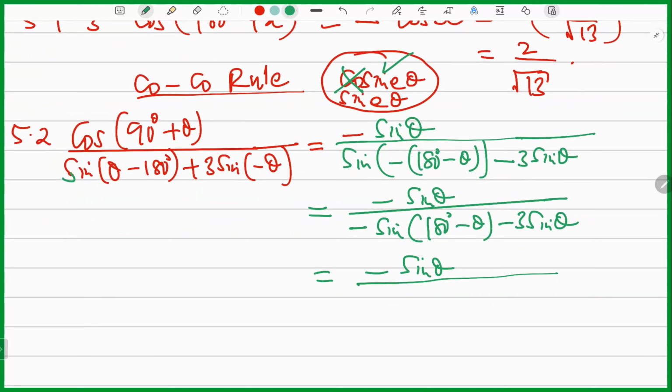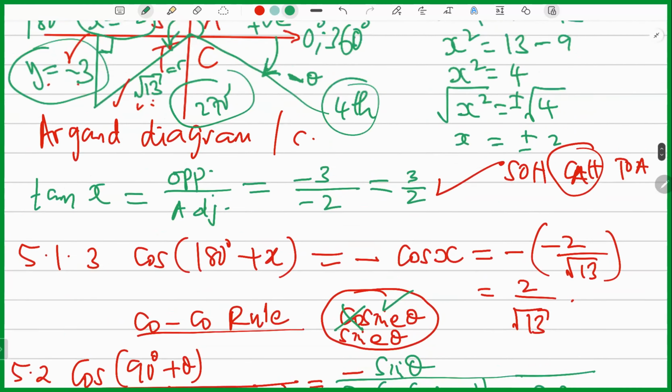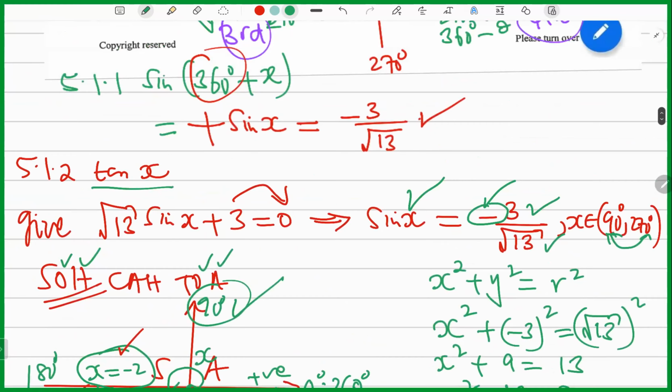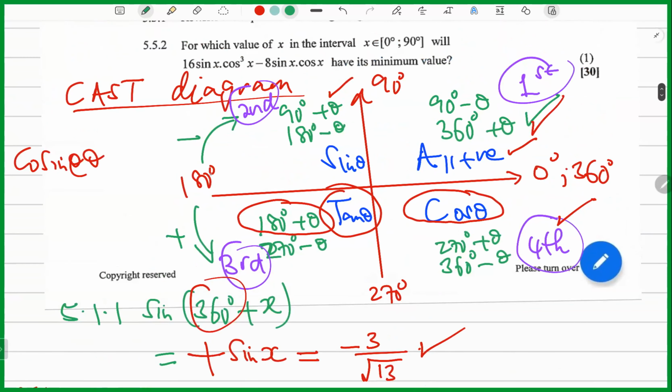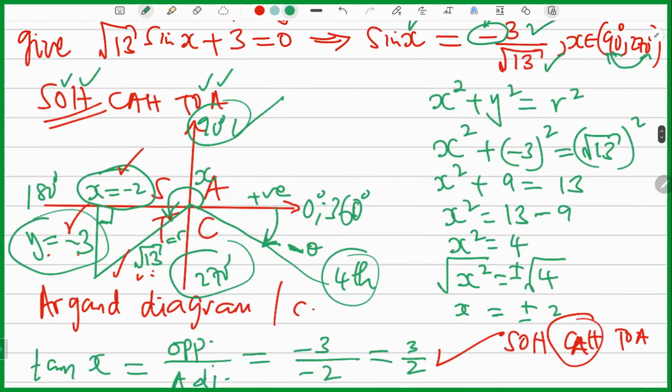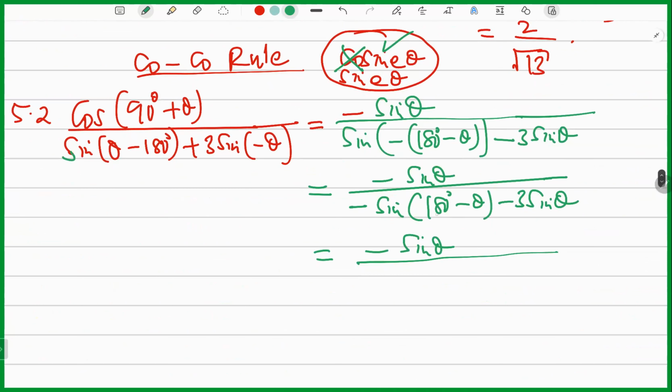In which quadrant is 180 minus theta? So 180 minus theta is in the second quadrant. And in the second quadrant, we have the sine function, and therefore it is positive, but we already have a negative, so it's just going to remain positive like this, with a negative in front. So you have that.